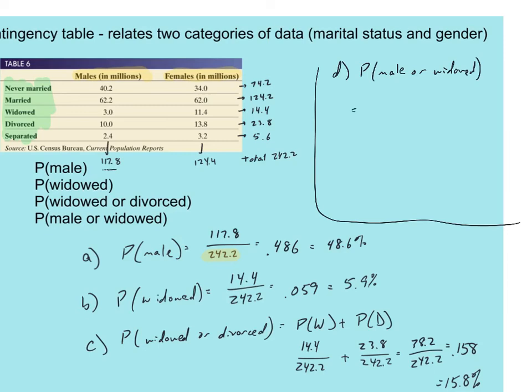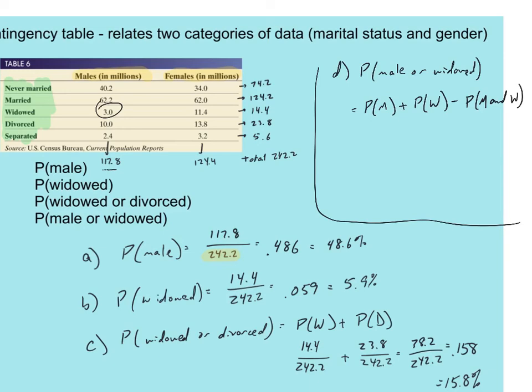All right, and the probability that they are male or widowed, we need the probability that they are male, so P of M, M for male, plus the probability of finding someone widowed, minus the probability that they are male and widowed, because there is an overlapping section. You can find it. It's right here, right there. That's the overlapping, okay?